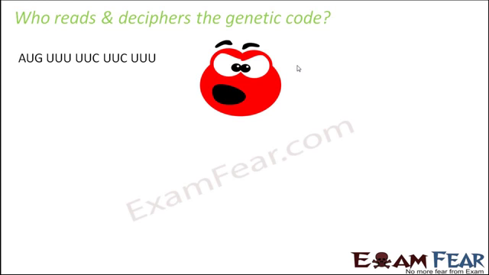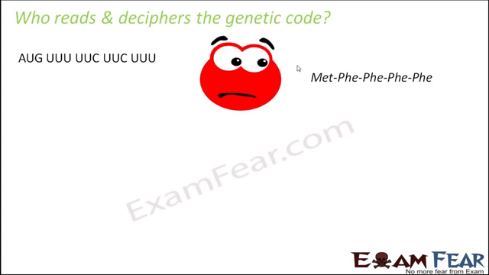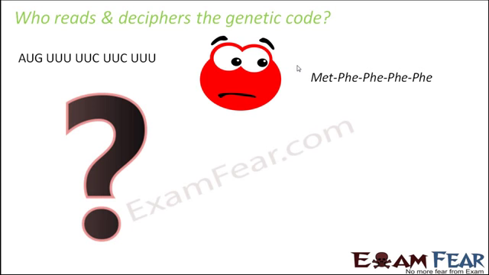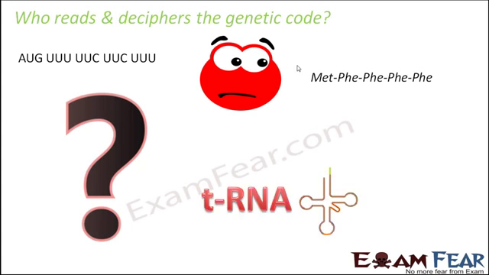So let us suppose this is the genetic code. So somebody has to read this genetic code and then give back the result. That is, give the result of the sequence of amino acids. So who is going to do this? So this job is done by the tRNA, that is the transfer RNA, and that is why we introduced you to transfer RNA.